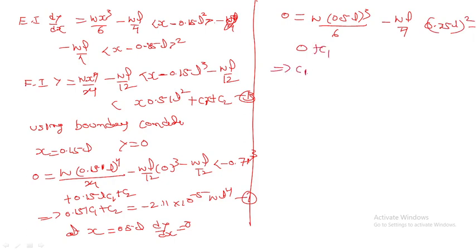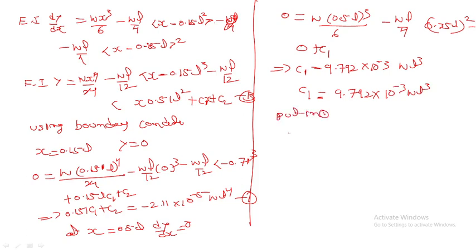So C1 equals 9.792 × 10⁻³ WL³. Now put this value of C1 in equation 1. What value do we get? C2 equals 1.49 × 10⁻³ WL⁴.